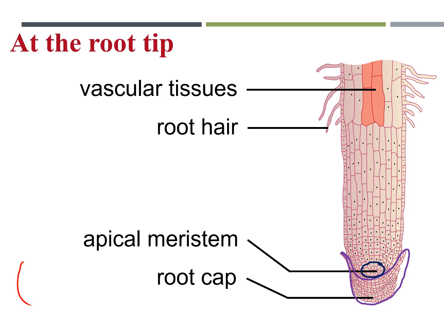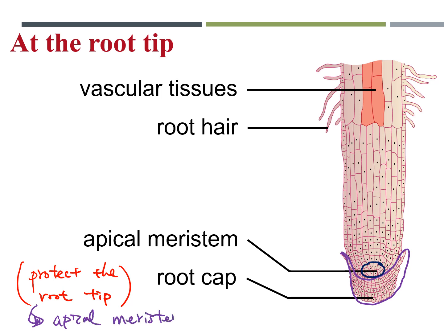So let's write it down together. Protect the root tip. That means to protect the apical meristem. You can find the apical meristem right behind the root tip.